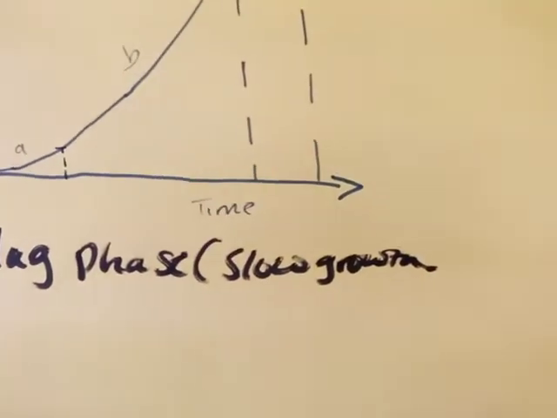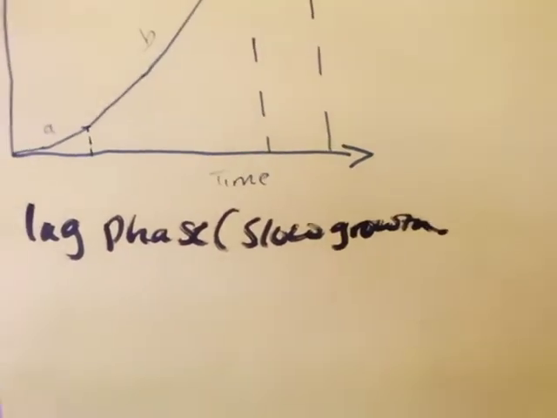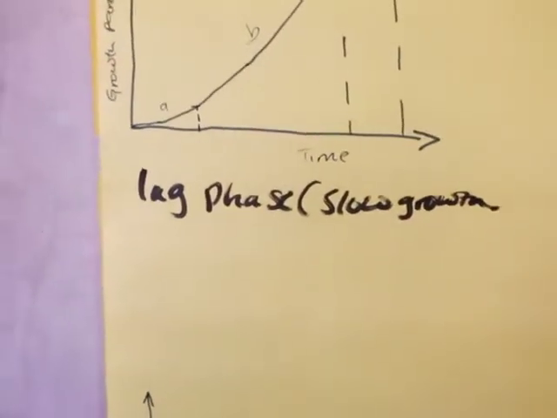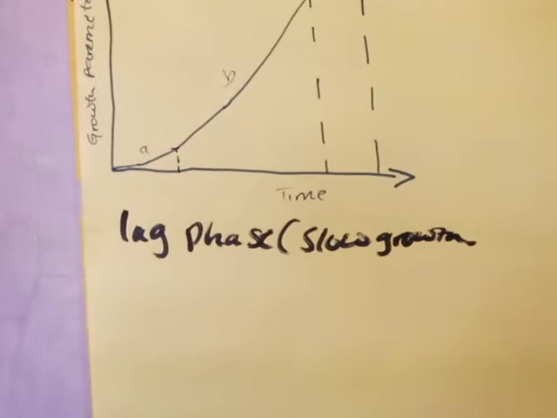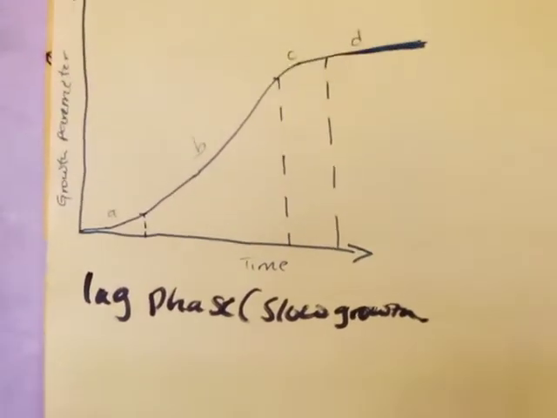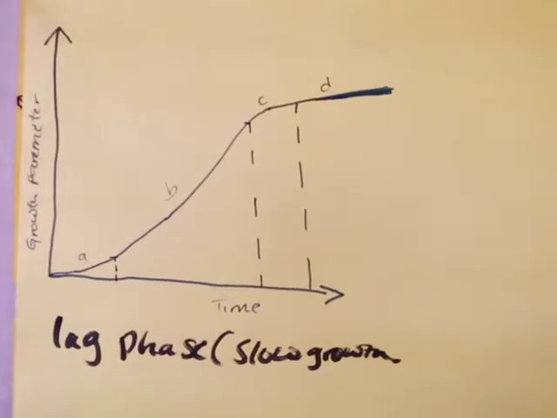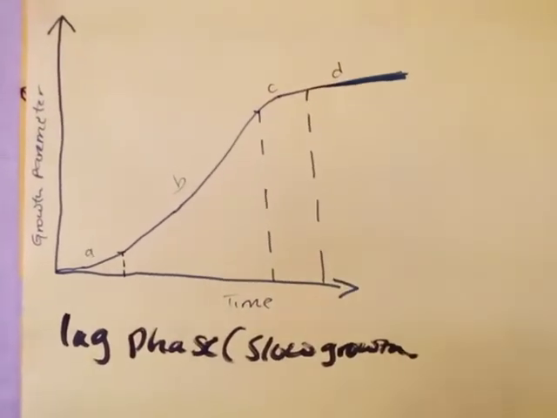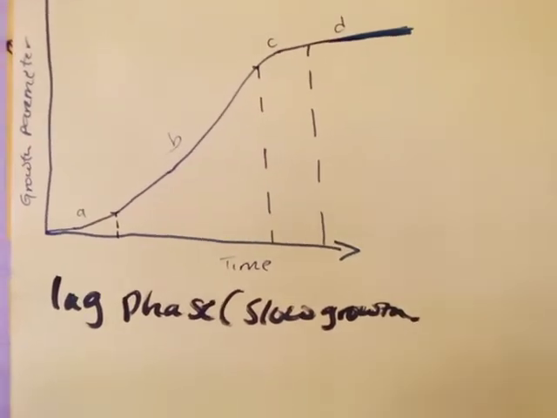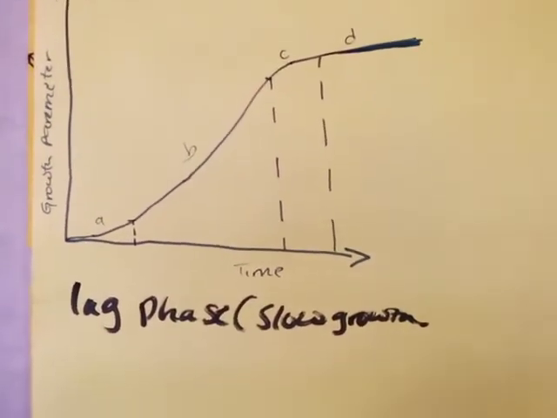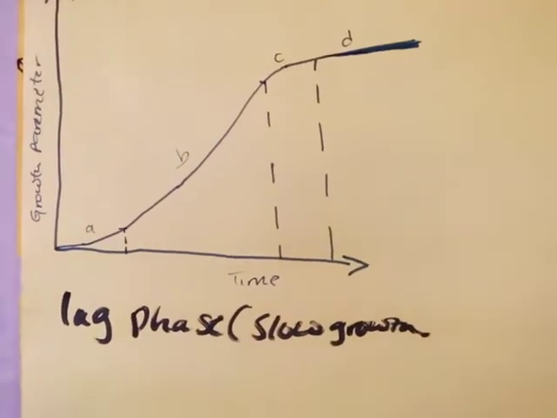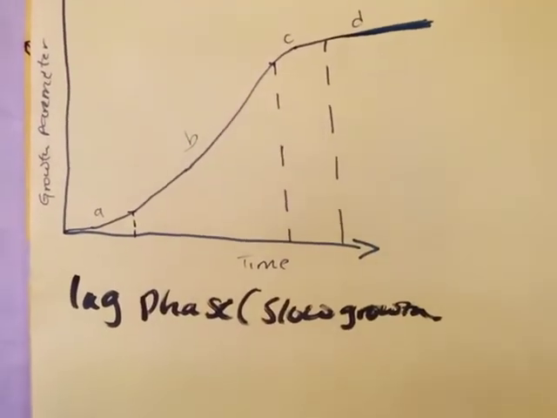What happens during this phase is that very little growth occurs, and this may be due to the following. The growth rate is very slow because the number of cells which are dividing are few. Another thing is that the cells have not yet adjusted to the surrounding environmental factors.